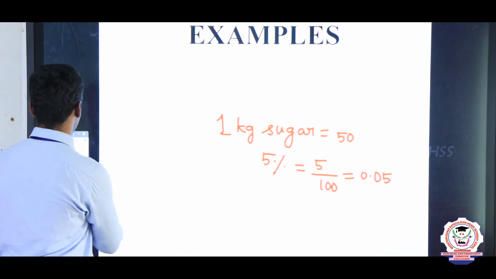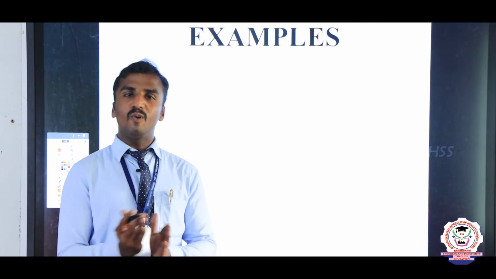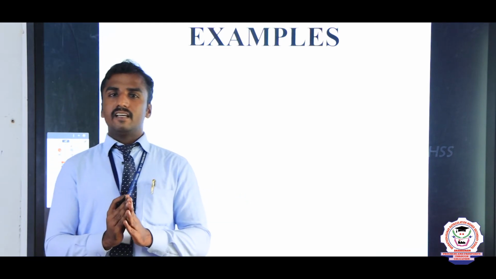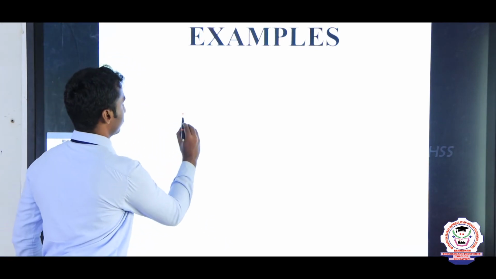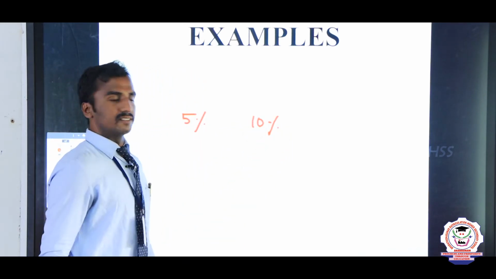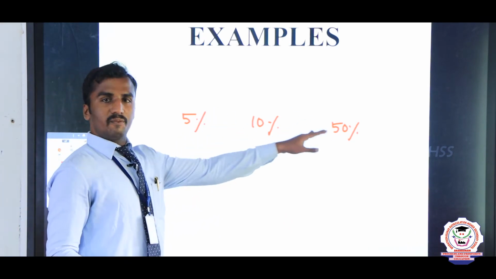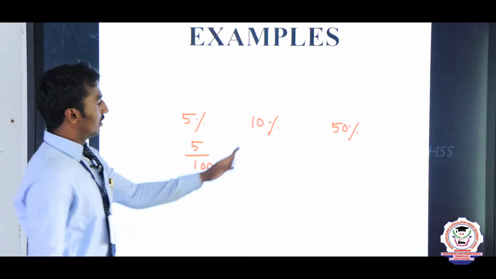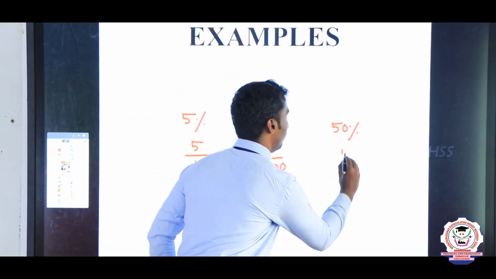Next, one more example of decimal numbers. When we go to a supermarket, we see offers like 5%, 10%, 50%. 5% means 5 by 100, 10% means 10 by 100, and 50% means 50 divided by 100.